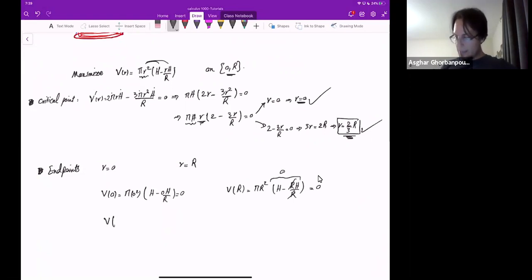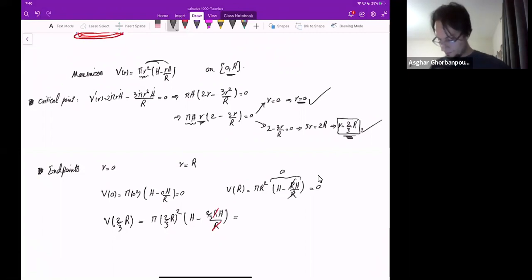And V at the critical point, 2/3 of R: I have pi times (2/3 R) squared times (h minus 2/3 R times h over R). Now we can cancel these R's here, and what I will get is h minus 2/3 of h is 1/3 of h.